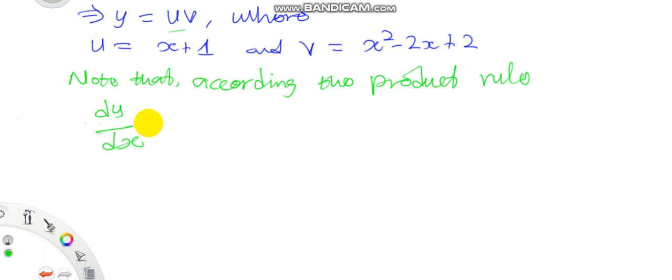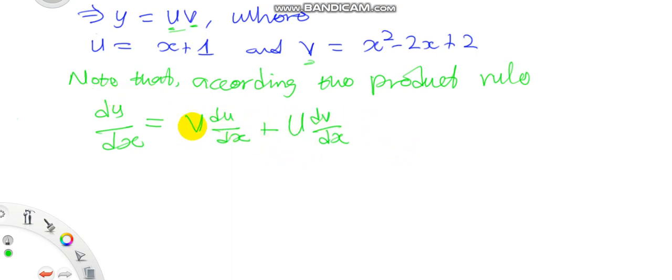We hold v and multiply it by the derivative of the first one, u, du dx with respect to x, plus we hold the first function u and multiply by the derivative of the second function v with respect to x, dv dx. So this is the product rule.